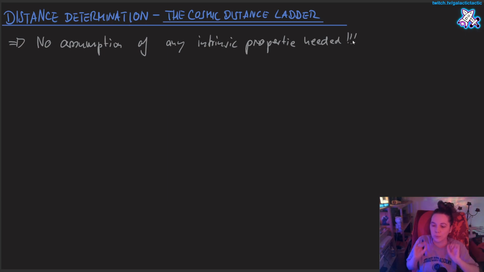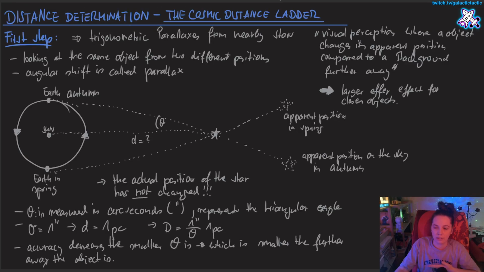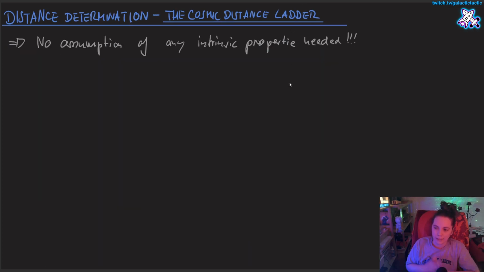We can just use pure geometrical relations, right? It's a pure geometrical relation. We don't need to know anything about the star. We don't need to know the brightness or anything. It just needs to be bright enough so we can see it clearly. We can resolve it singularly, and then we can use it. It's the most direct approach. Okay, good. We're gonna see later the difference.